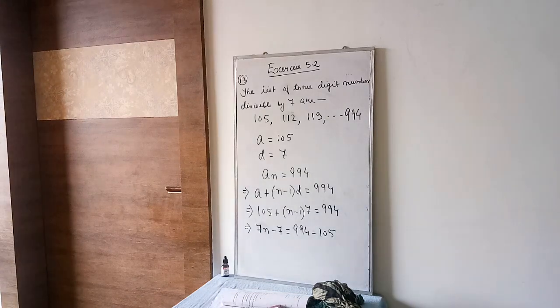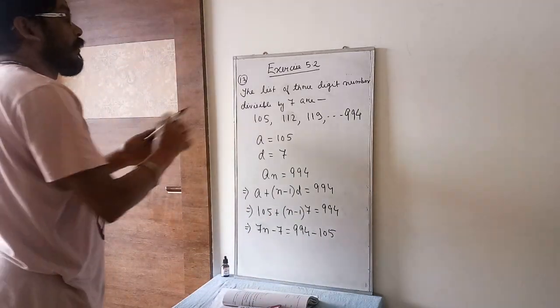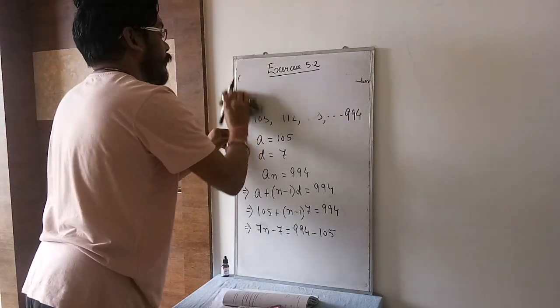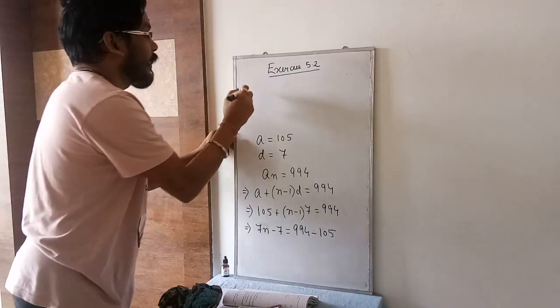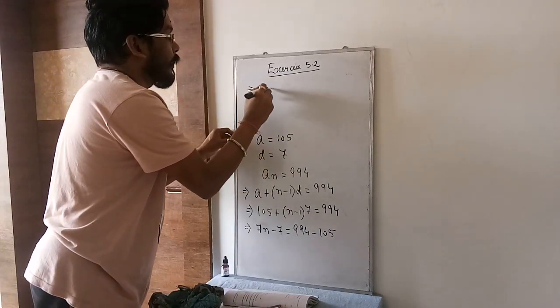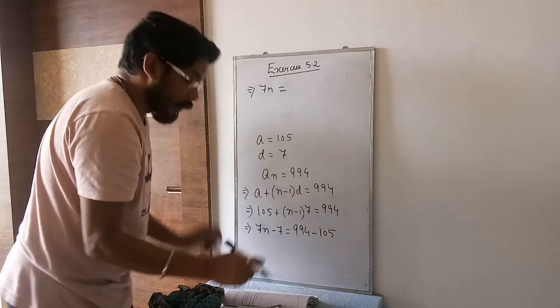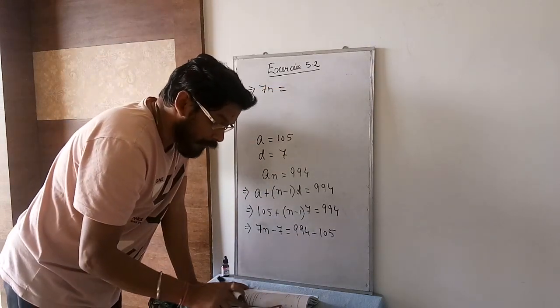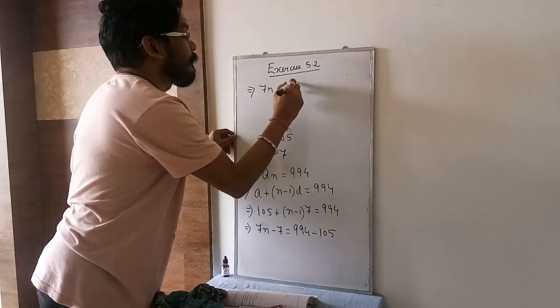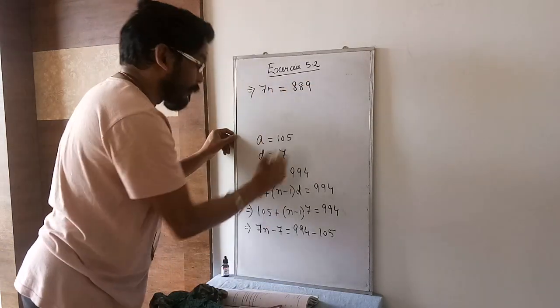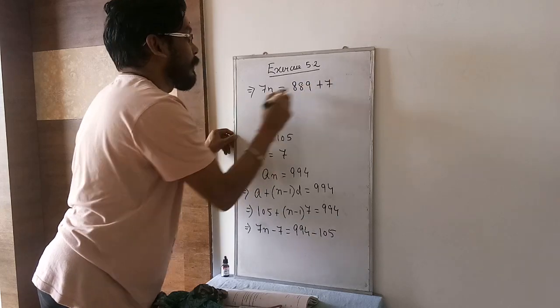So next what we will get: 7n equal to 994 minus 105, you will get 889. 889, minus 7 will go there, so it will become plus 7.